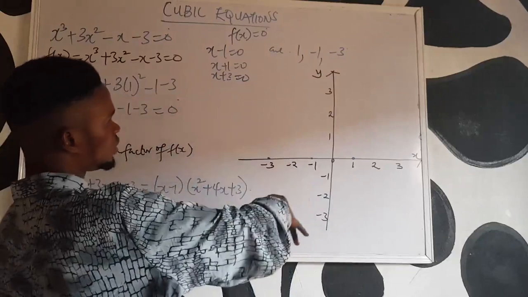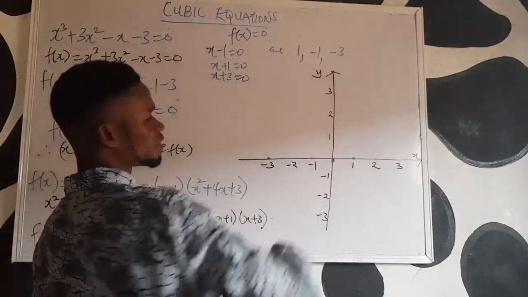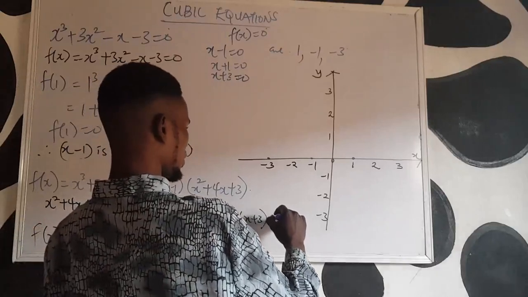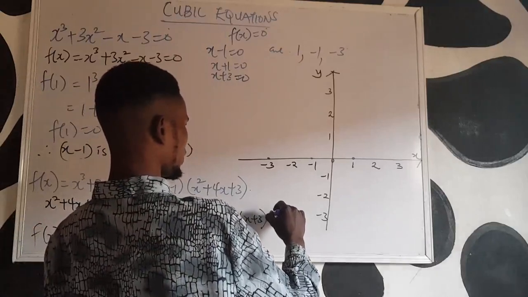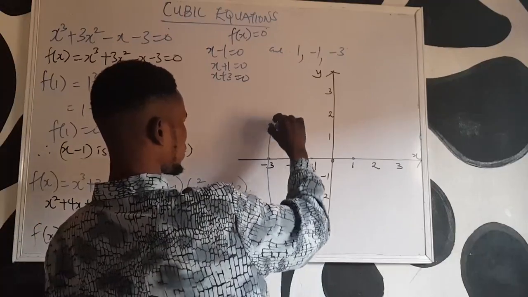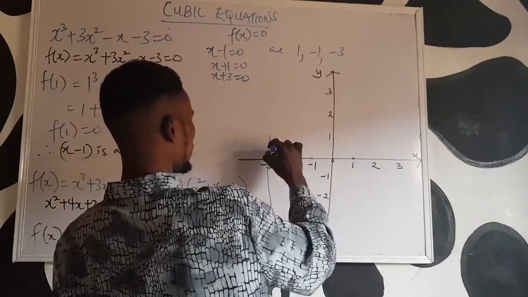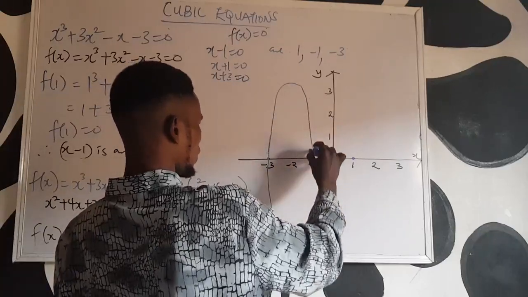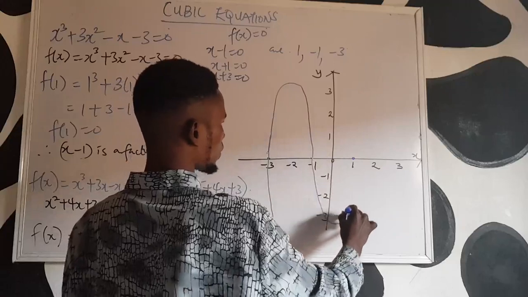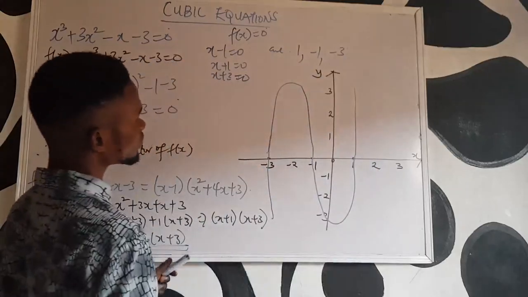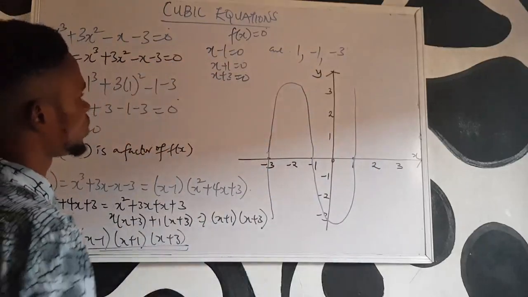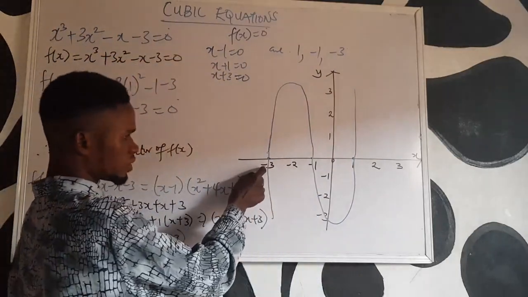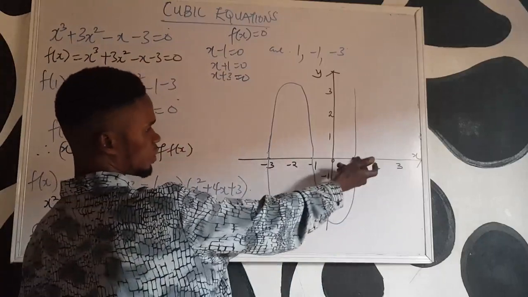So you can see these cubic equations have 3 roots. So this is the sketch. So that's the sketch of the cubic equation, because this is the point where y is equal to 0, where y is equal to 0, and where y is equal to 0.